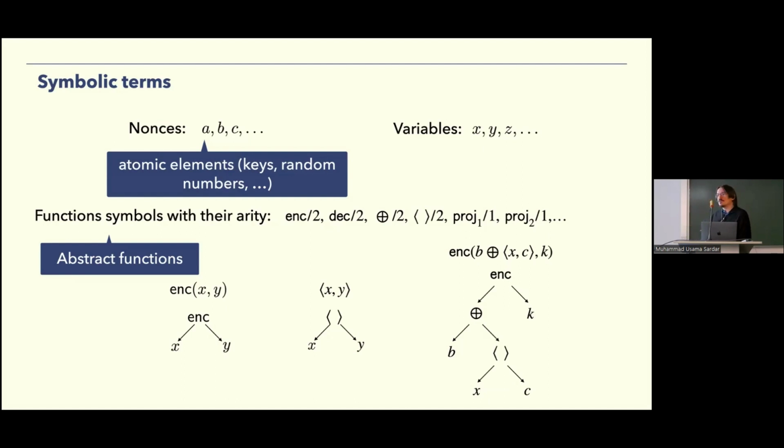Okay, if you're a bit more into formal theoretical computer science, you can think of it as just a tree where each internal node is labeled by a function symbol, and the subtrees are the arguments that you give to your function. So here that would be the encryption with a key K of the plaintext that is the XOR between B and the pair of X. Here you can see that we abstract a lot of things, because when we XOR, normally you XOR two bit strings of the same size, and you don't have that kind of information here.